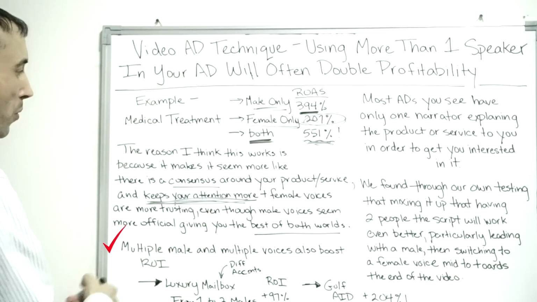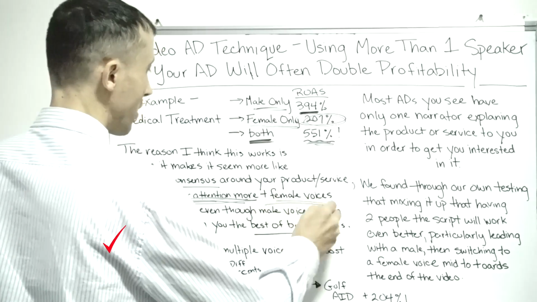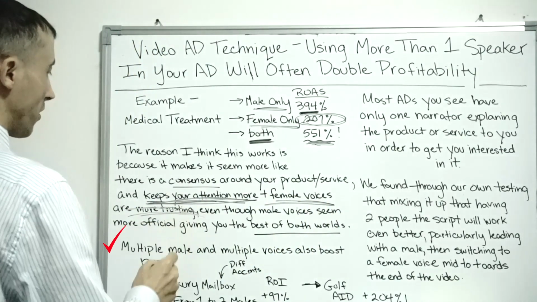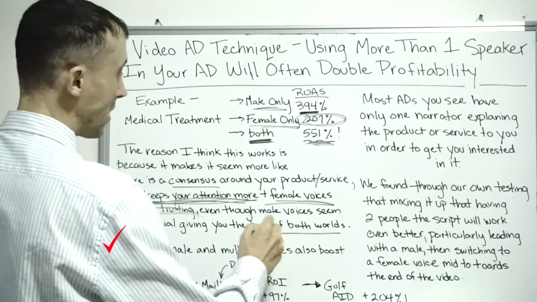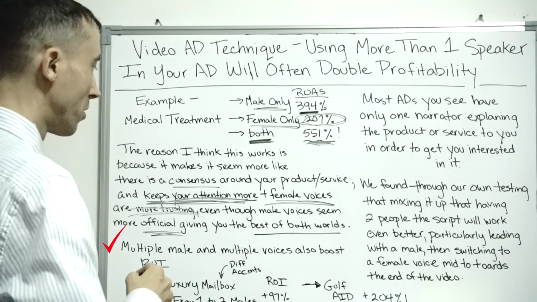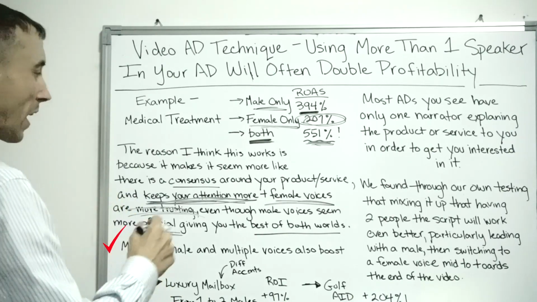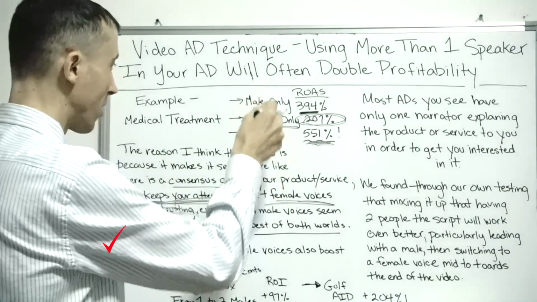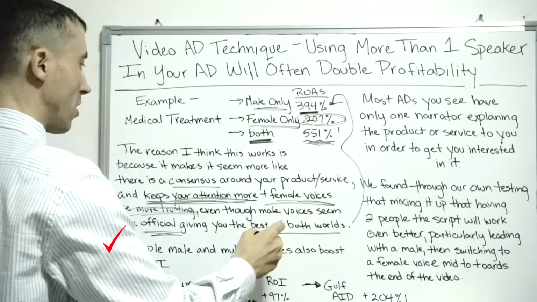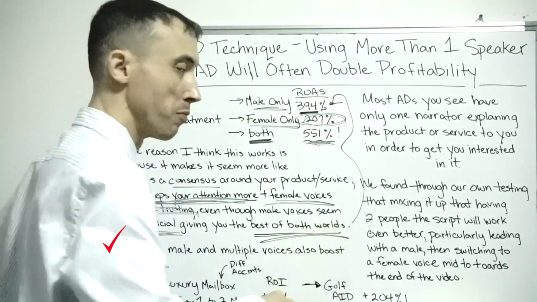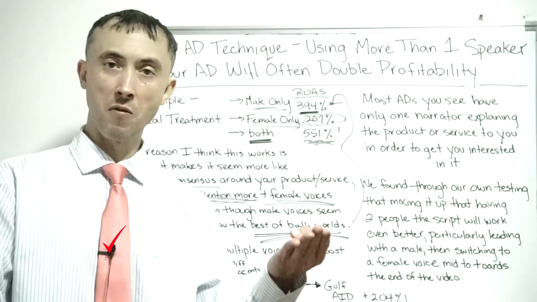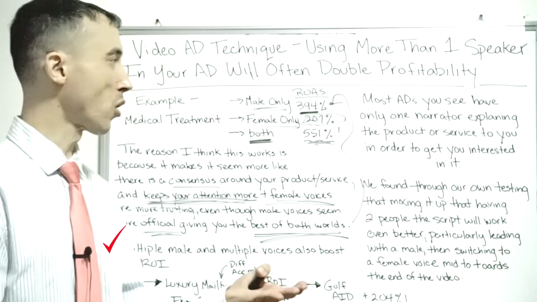So I think that also plays a factor, as well as female voices by themselves are more trusting, and male voices are more official sounding. So having male and female, like in the exact example with the medical treatment I mentioned, you're basically getting the best of both worlds, given there's certain benefits to a male versus a female voice, instead of just trying to use one.